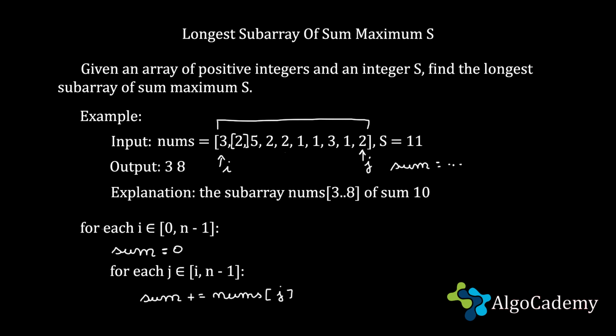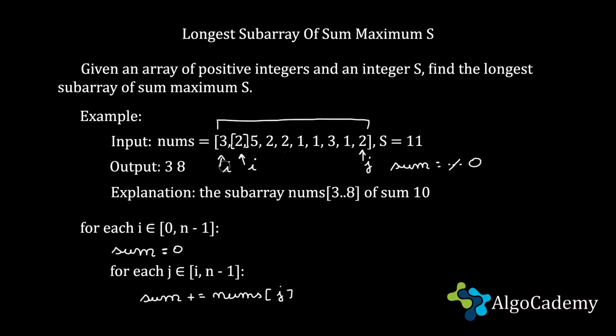So I enter again the first for loop with i equals 1. So i moves here. After I do that, I initialize the sum with 0. So no matter the sum, how much it was, it's now 0.